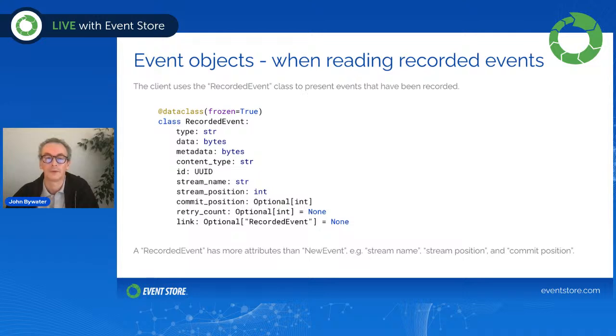The stream name is obviously known by you when you're recording events, because you tell the database in which stream to record them. The stream position and the commit position are set by the server when it records the events. The stream position can largely be predicted, but the commit position can't. When you read events that are recorded, you get those values back.